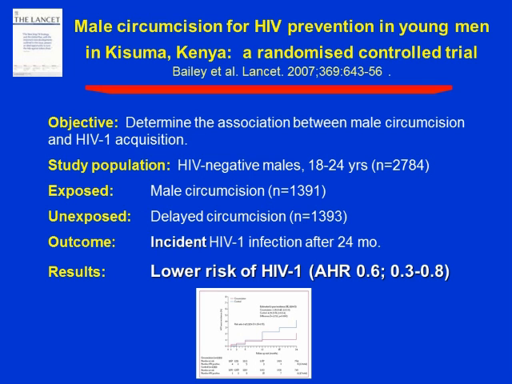So one group got circumcision, one group did not get circumcision. They followed them over 2 years, and their outcome was incident HIV infection. And they found, somewhat to people's surprise, that the risk for HIV infection was significantly lower among the men who had been circumcised than those who had not.